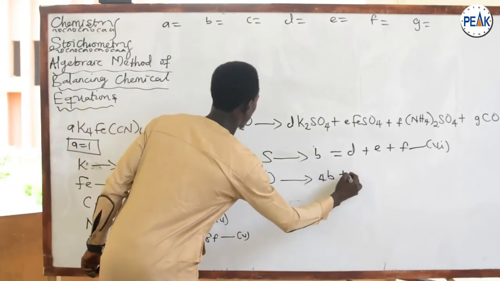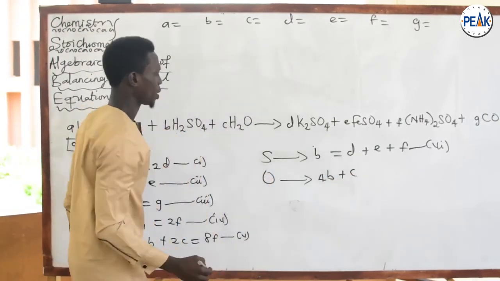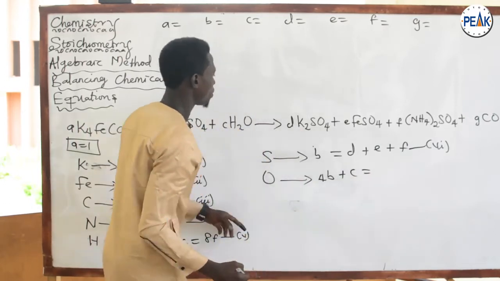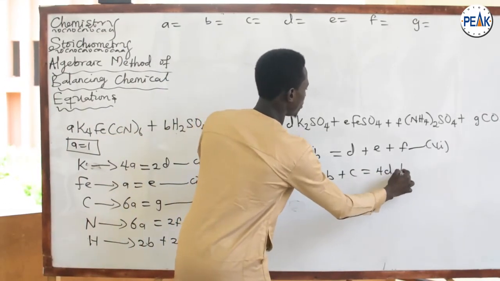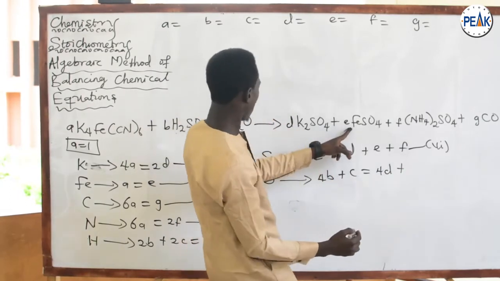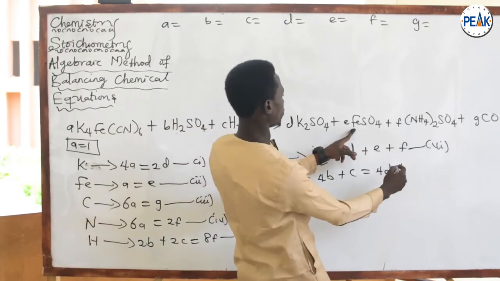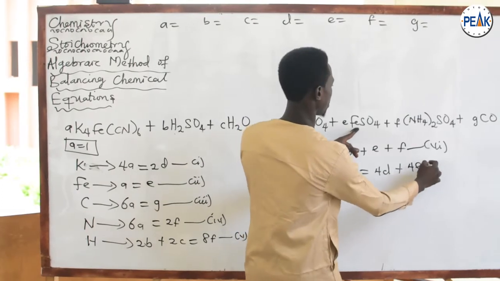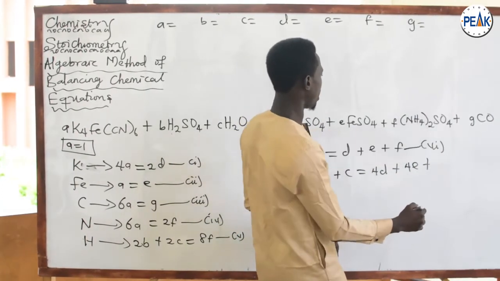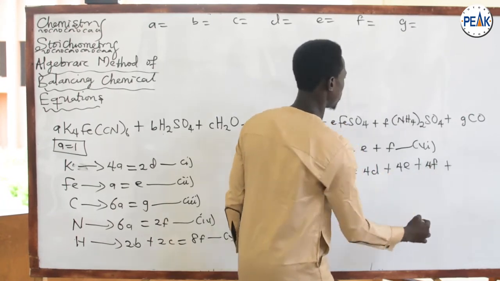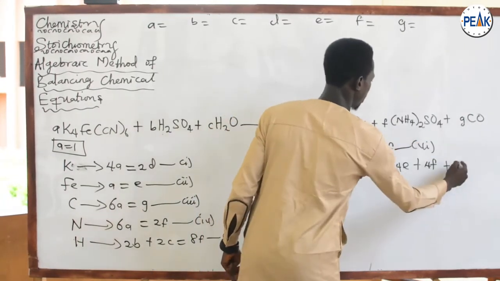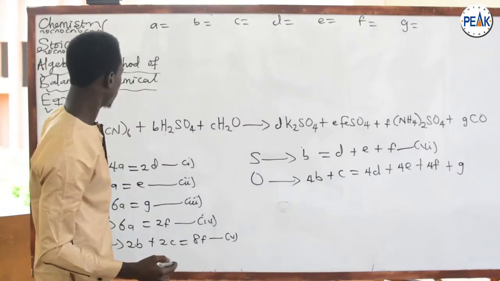Here, water, plus C. Then introduce my equality sign. Where do I have oxygen? I have oxygen here, that's 4D, plus oxygen here again, that's 4E, plus oxygen here again, that's 4F, plus I also have oxygen here, that's G. I believe this is correct.